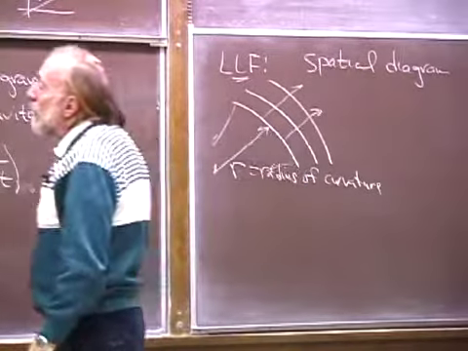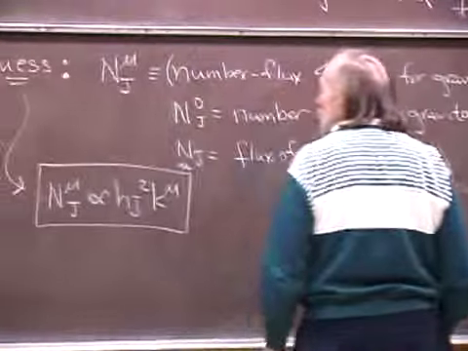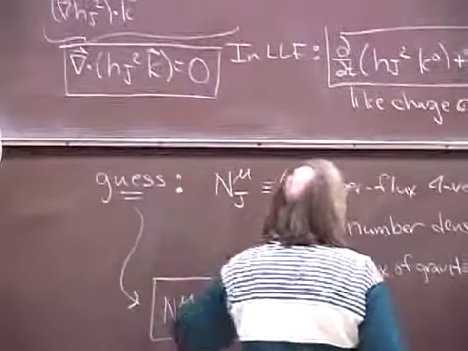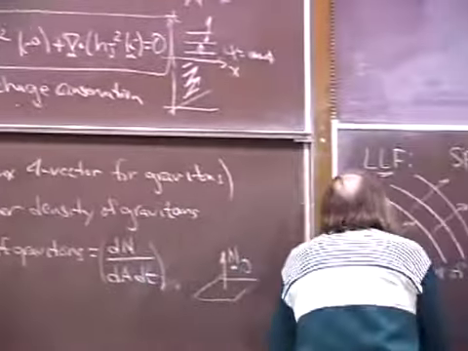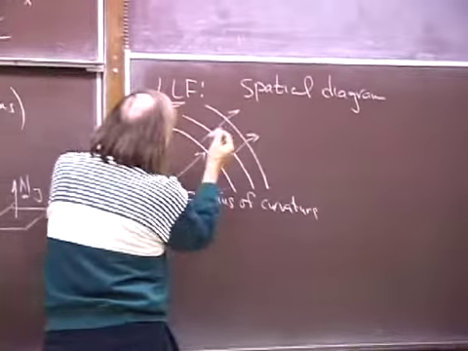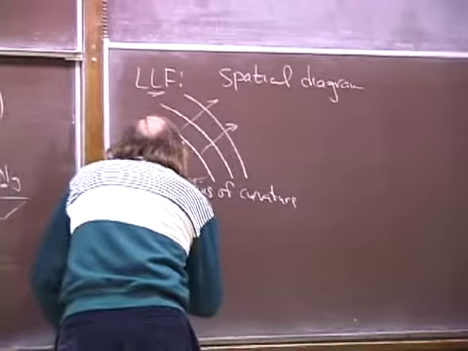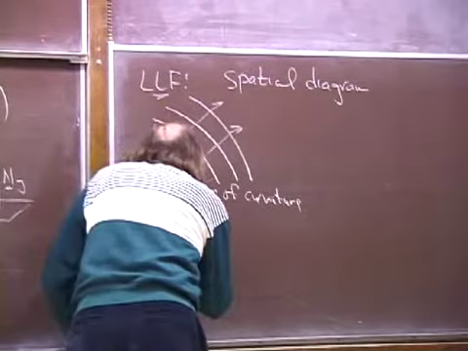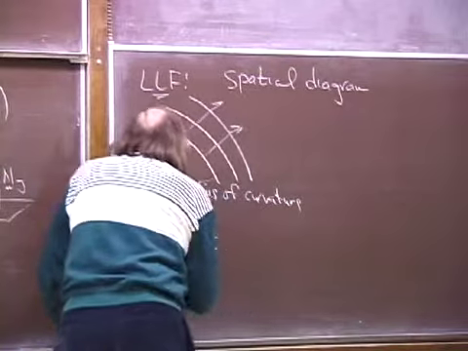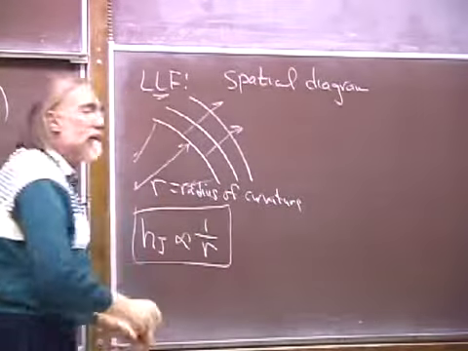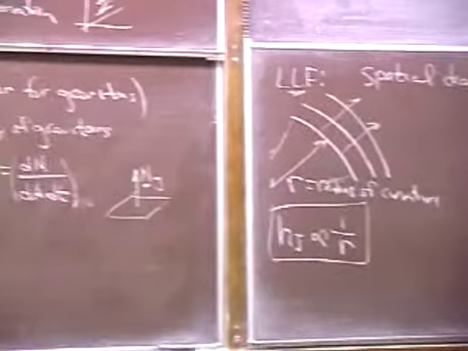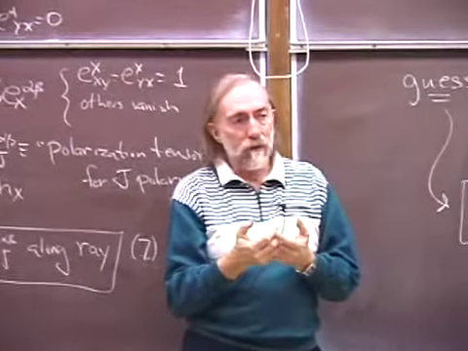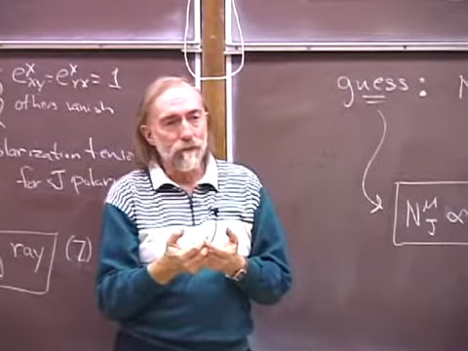So I claim, and the mathematics is in reading that I will give you, that what this propagation law says is simply that as you look at any local Lorentz frame, Hj will be changing as you go along through the local Lorentz frame as 1 over the radius of curvature of the phase fronts. As it dies out as 1 over r, but r has a very special and precise local meaning. It's the radius of curvature of the phase fronts, as seen in some local Lorentz frame.